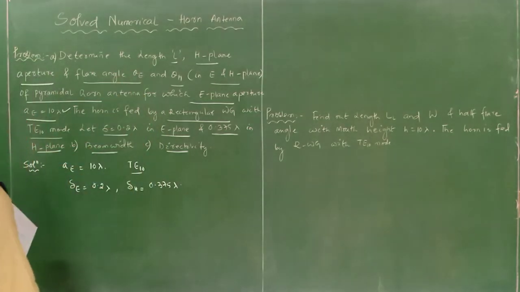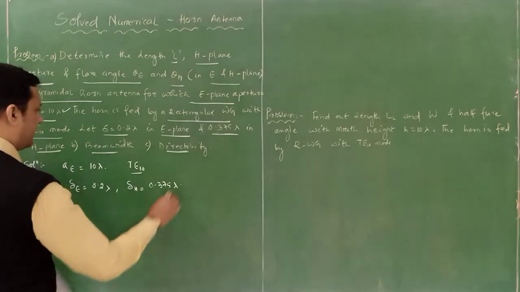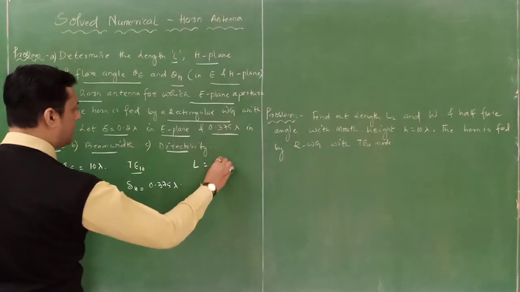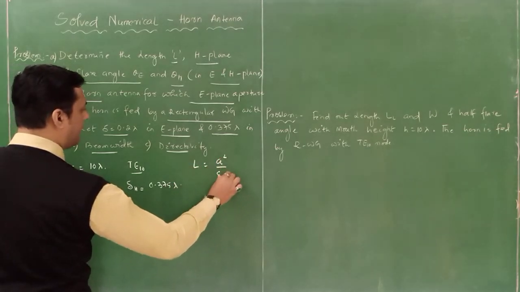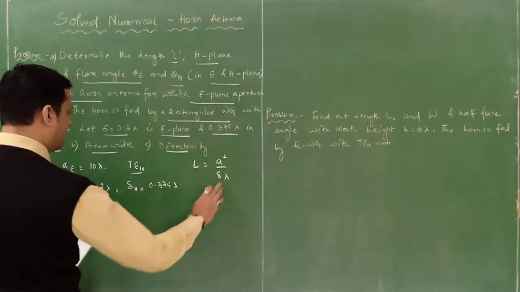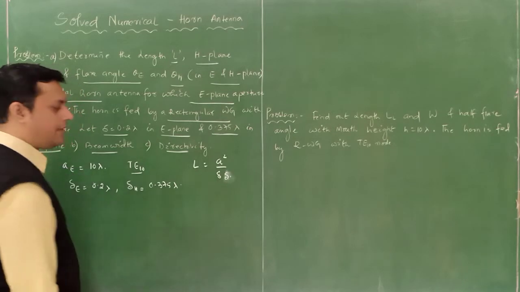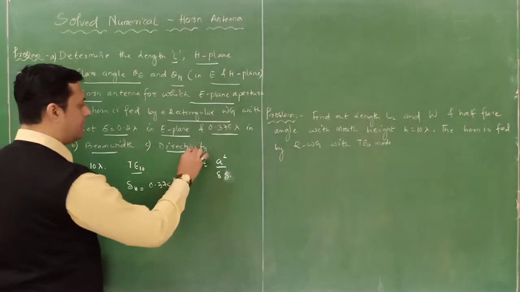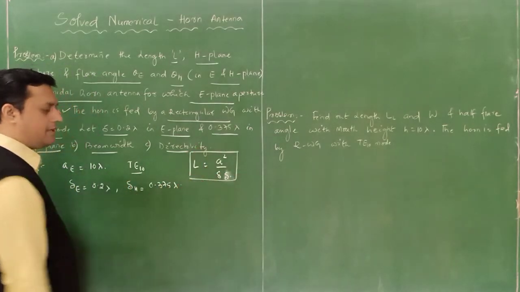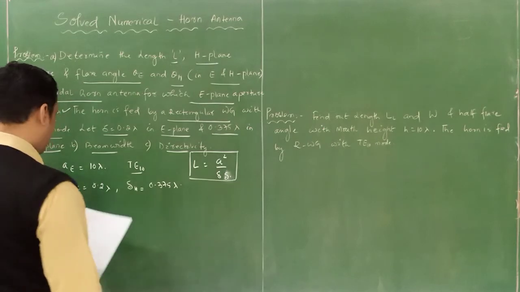For that, as we know, L is equal to A squared by 8 delta. Not lambda, it is delta. This we have already derived: the length depends upon the aperture and delta.